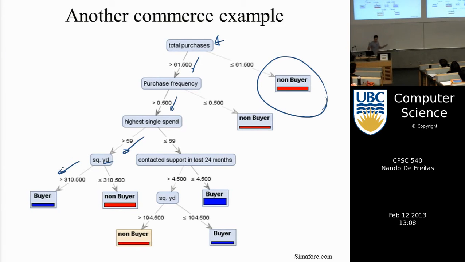But eventually, if your customer is like a spendthrift, then you invite this targeted customer to your wine and cheese and try to sell the latest, I don't know, condo downtown. So again, here's an example of a tree that has already been learned from data. We still have not talked about how we learn such trees.